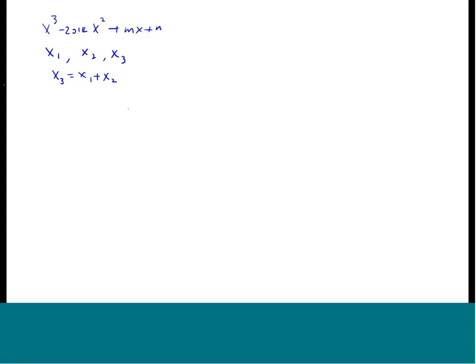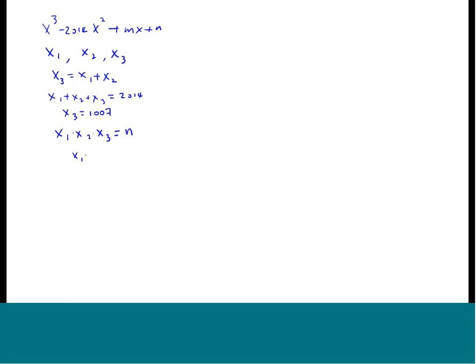So this one basically uses the symmetric functions, using x1 plus x2 plus x3 equal to 2014, right? Then you get x3 actually equals half, so 1007, right? Then x1 times x2 times x3 equals n.